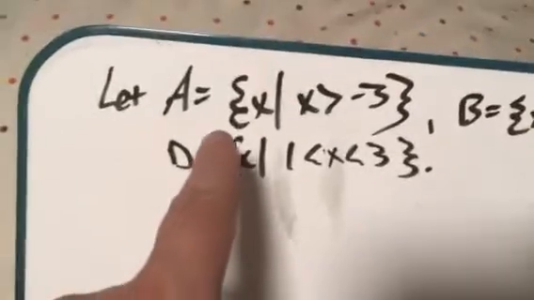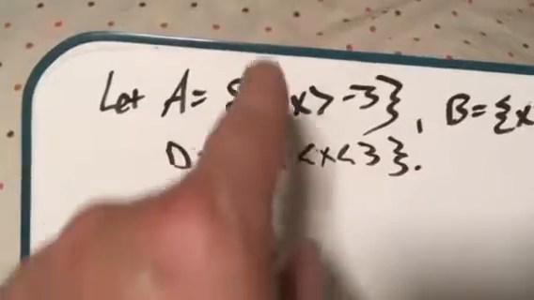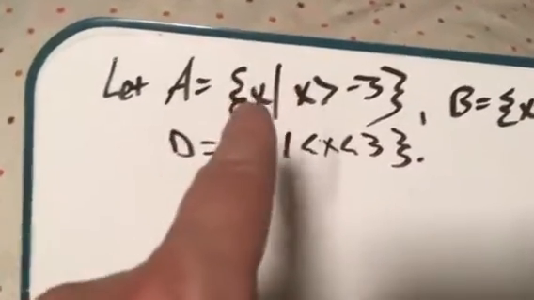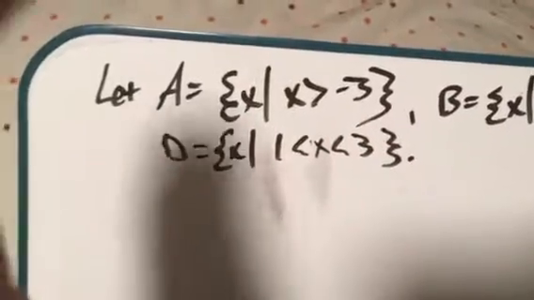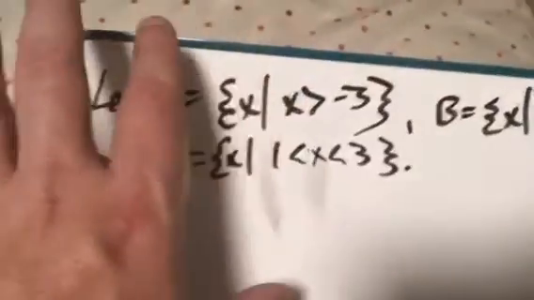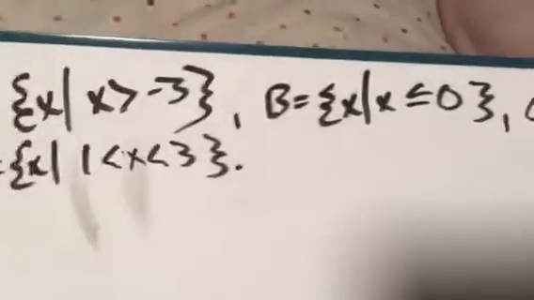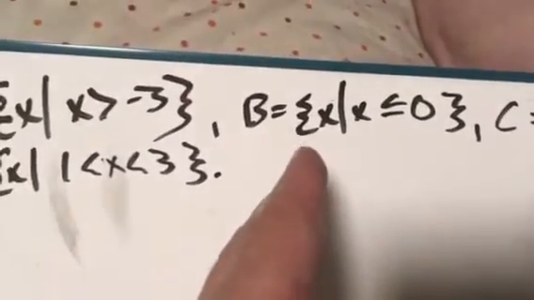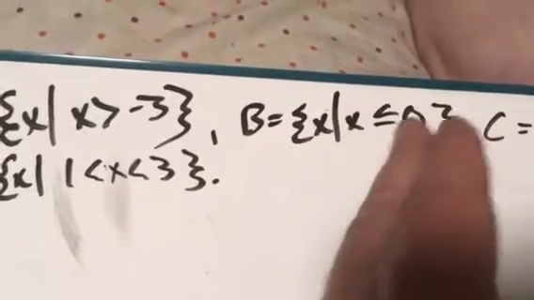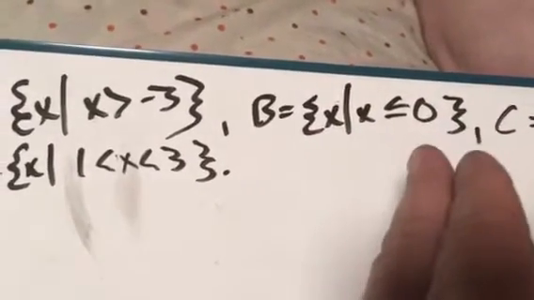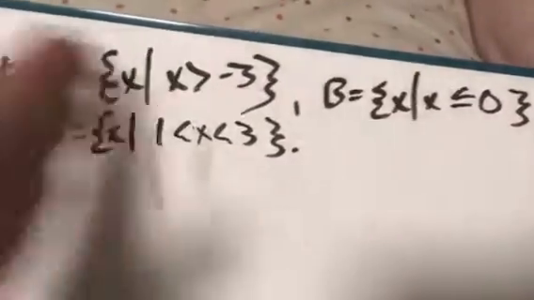What this says is the set of all x such that, that's what this thing means, all x such that x is greater than negative 3. That just means all the numbers greater than negative 3 are in that set. Similarly, here we have B is the set of all x such that x is less than or equal to 0, which means it includes 0 and everything less than it.